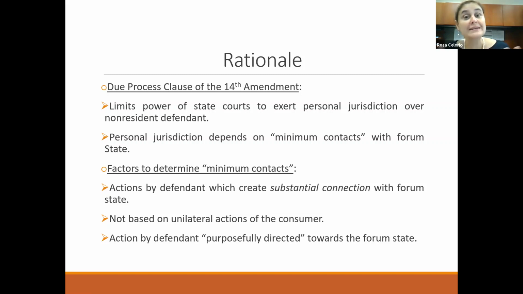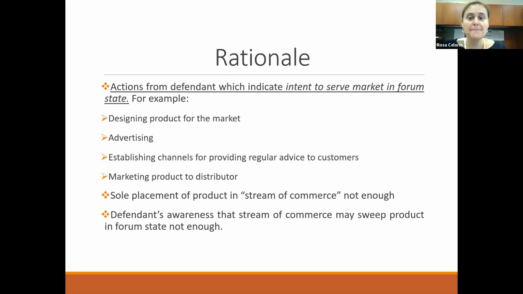This is very important terminology because this is all part of the rule of the case, and there's actually a lot of discussion by the court as to how this legal rule came to be, even the evolution of cases and jurisprudence, and why we have this minimum contacts test right now, and why we need that substantial connection and also this purposeful direction as well, okay?